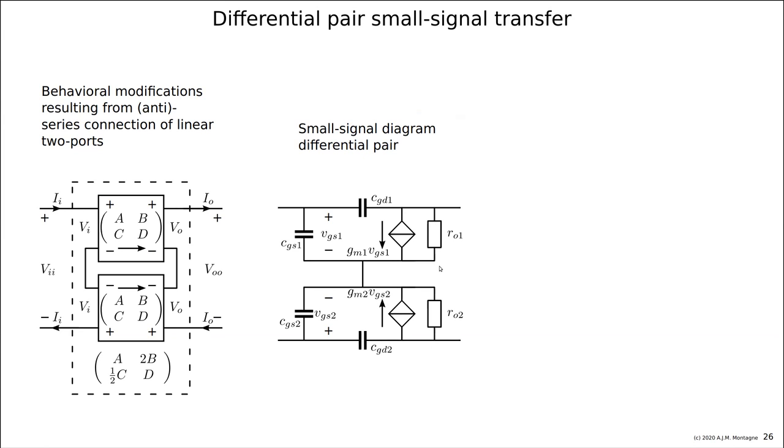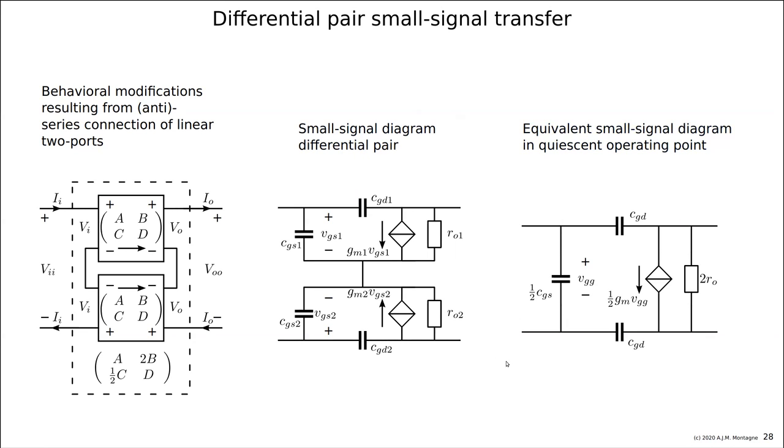If they are both operating in the quiescent operating point and the devices are completely equal, we can simplify this to this structure. I didn't plot an output capacitance here. Of course, there is a drain to bulk capacitance at both transistors, and that adds up to an output capacitance. You can just add it to the circuit.